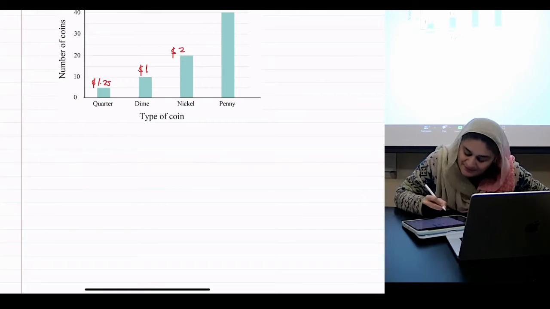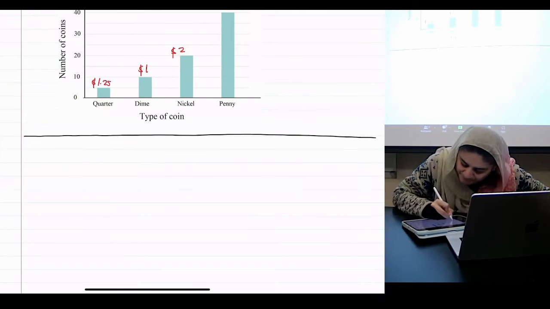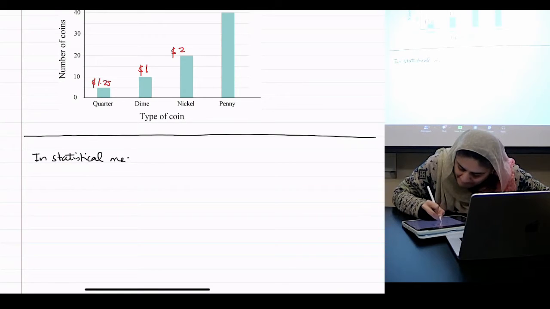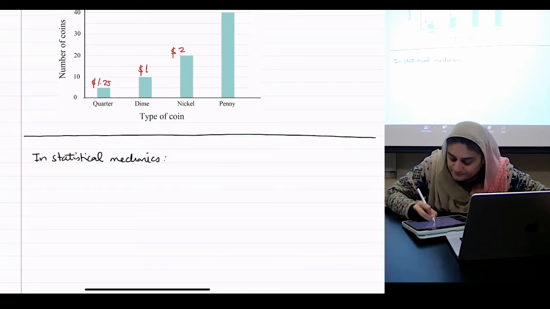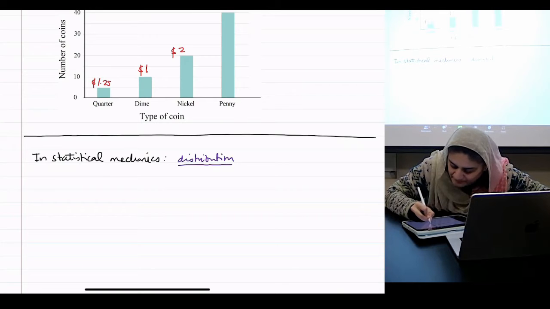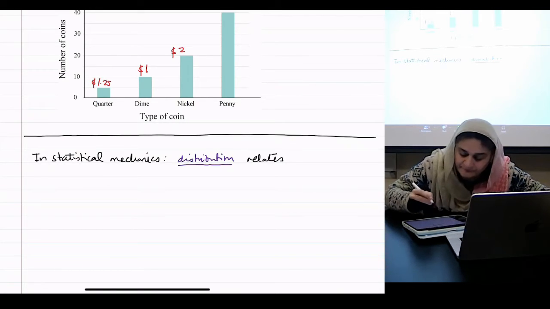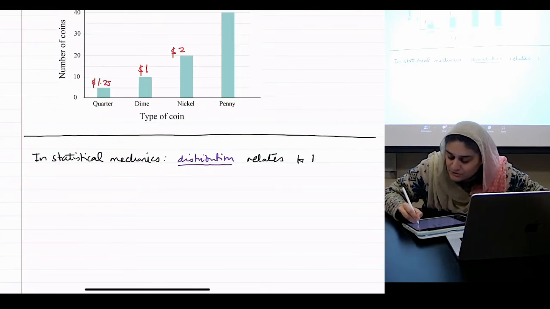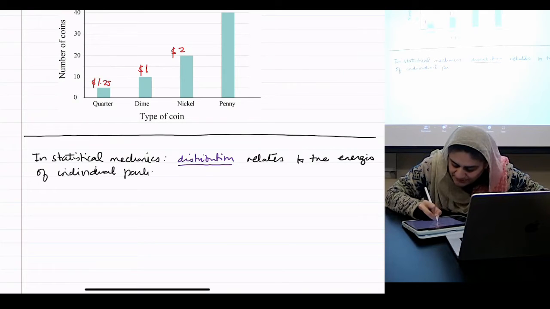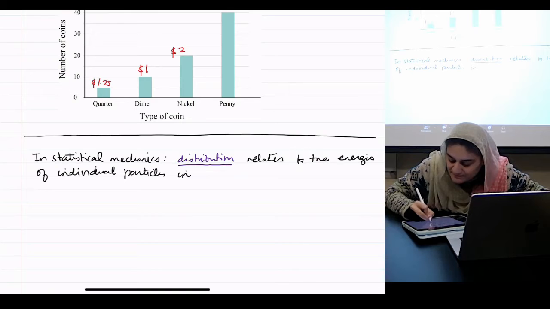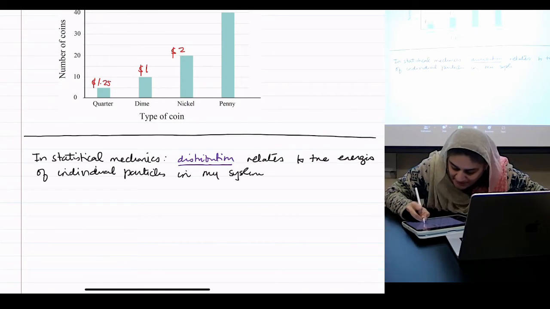So in statistical mechanics, distribution relates to the energies of individual particles in my system under consideration.